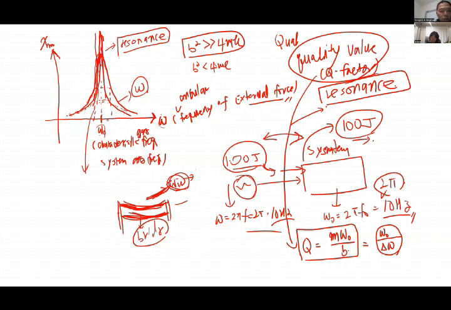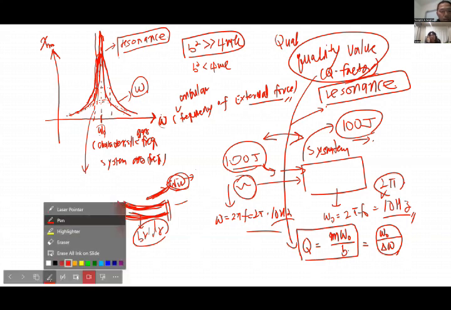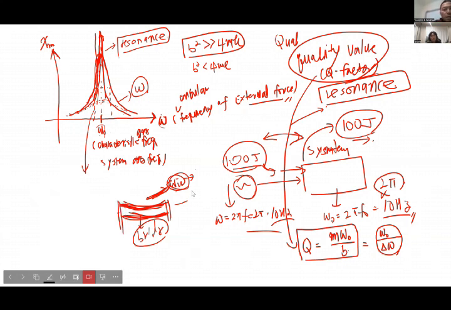Let me change the color. You take half of the maximum amplitude and draw a straight line, and there will be two points where it meets this graph, right? The width between the lower frequency and the higher frequency, the space between those frequencies, is called the bandwidth.